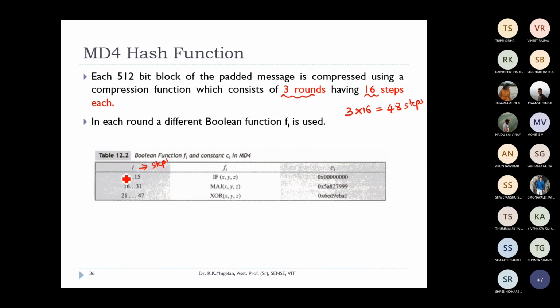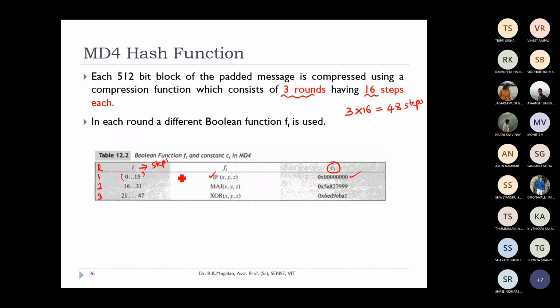If I say i now denotes the step, so here 0 to 15 is the first 16 steps, which is round 1, round 2, round 3. For the first 16 steps, the Boolean function is this one, and this is the round constant used for the first 16 steps of the first round.